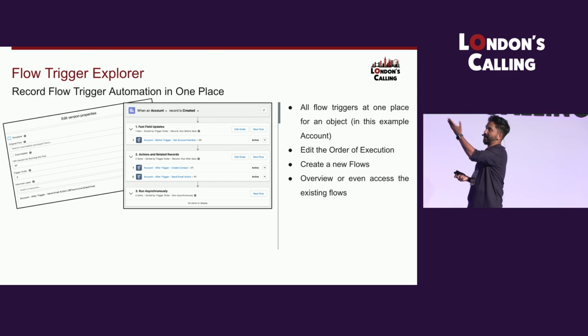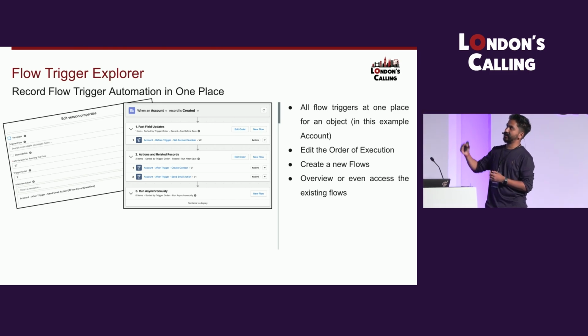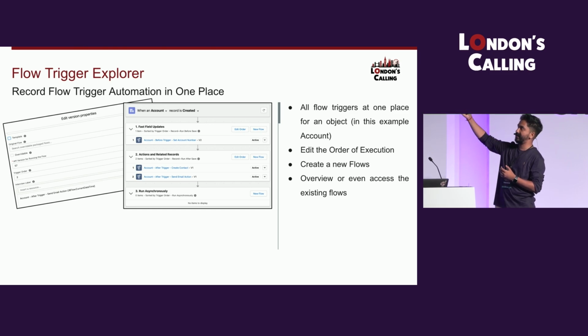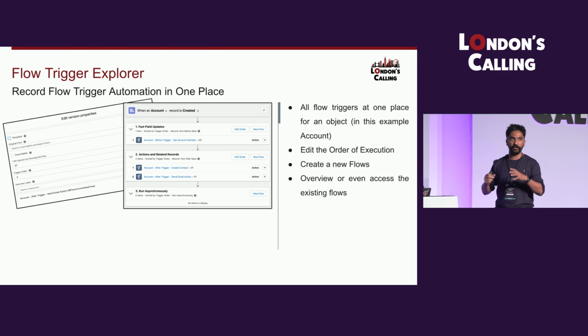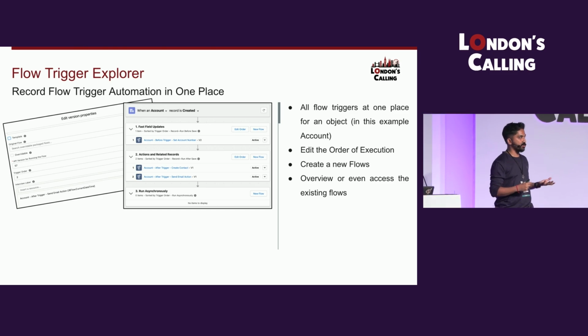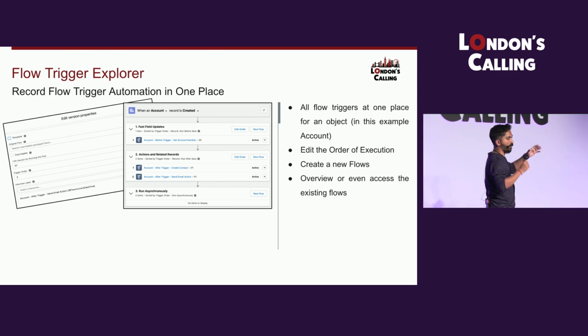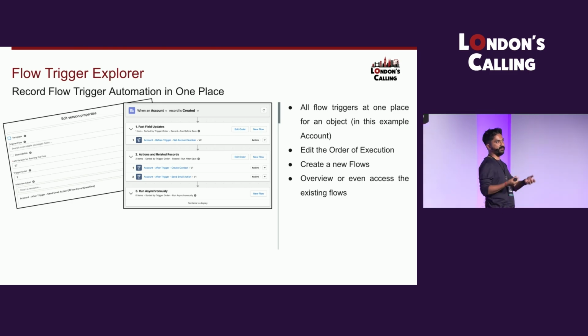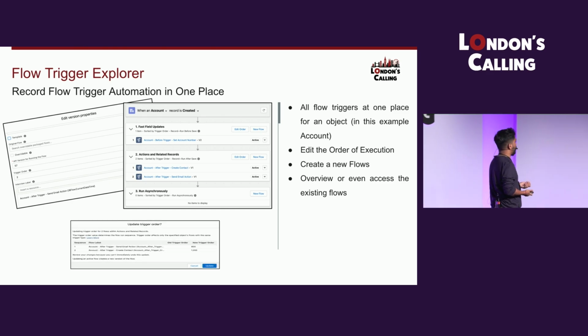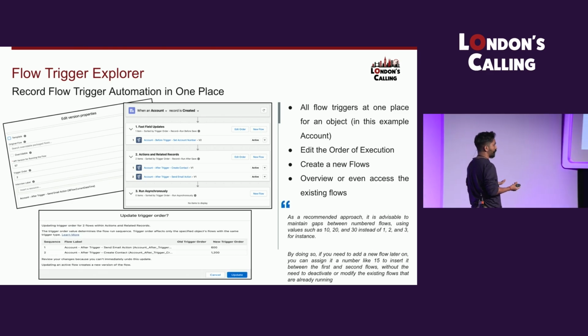As it states here, first are the fast field updates, then the normal update, and then the asynchronous flows. Each section maintains its own order of execution. When the record gets updated, the before context of the trigger will run first, and then the after context. The key thing to note is how we give an order.